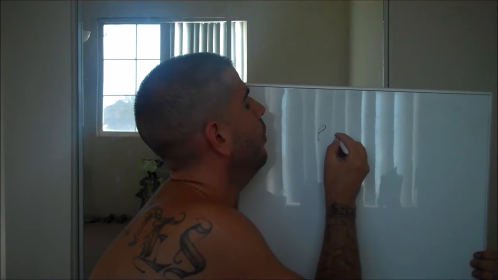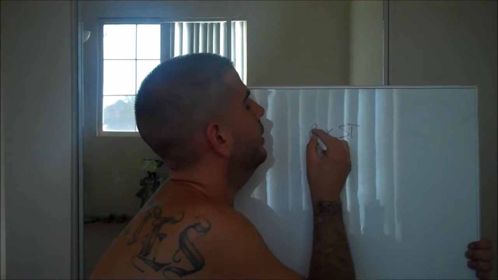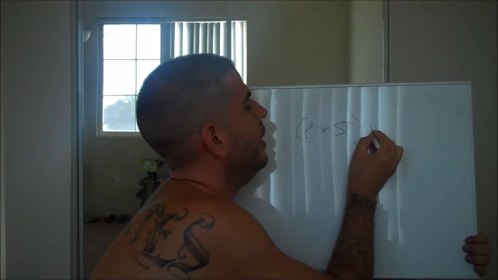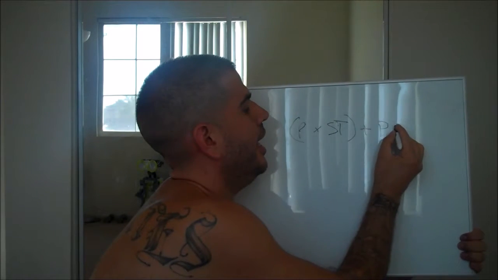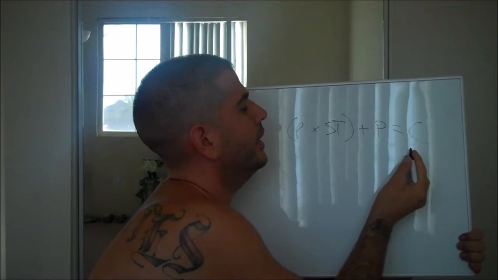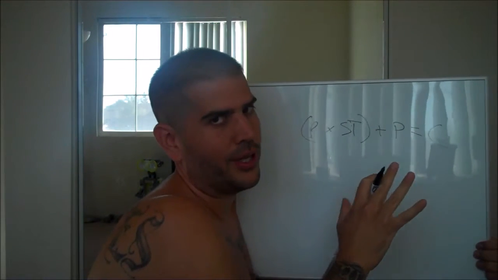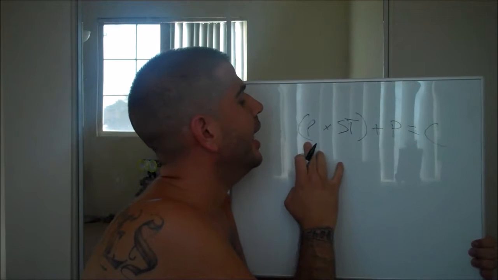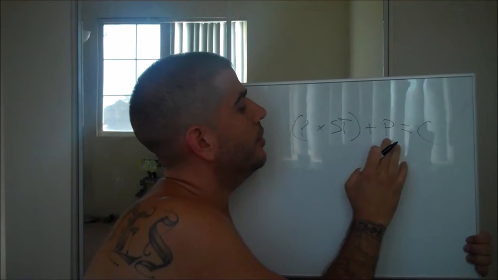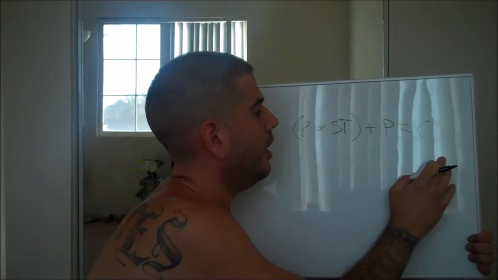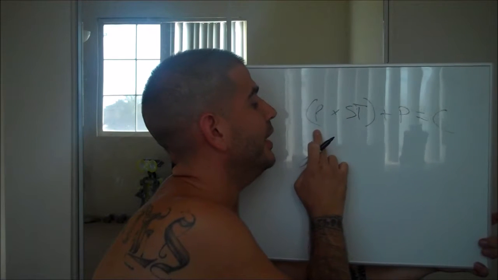You multiply that by the sales tax, we'll just put ST for sales tax. Then you add that to the price. Here we go, now I'm simplifying. And then that equals C, a big C for cost. Okay, finally, this is it. The price of the item times sales tax, you take that sum and add it to the original price, and that equals the cost. And like I said, I don't know what the price of the item you're going to buy is.